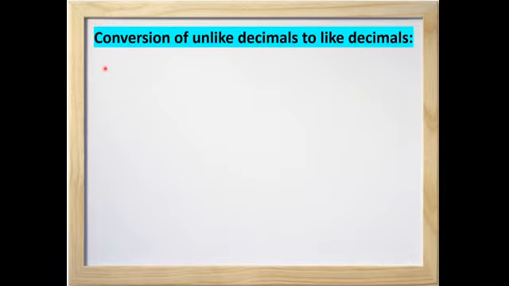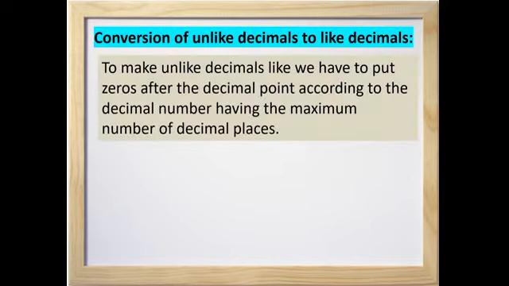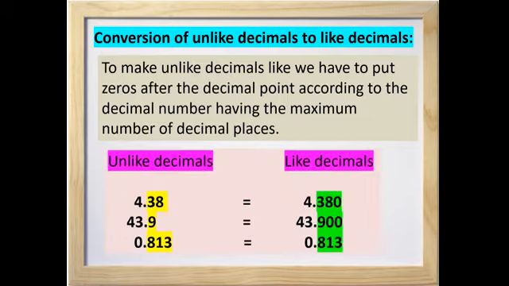Children, now we are going to learn how to convert unlike decimals to like decimals. Let us see. To make unlike decimals like, we have to put zeros after the decimal point according to the decimal number having the maximum number of decimal places. For example, let us see here.